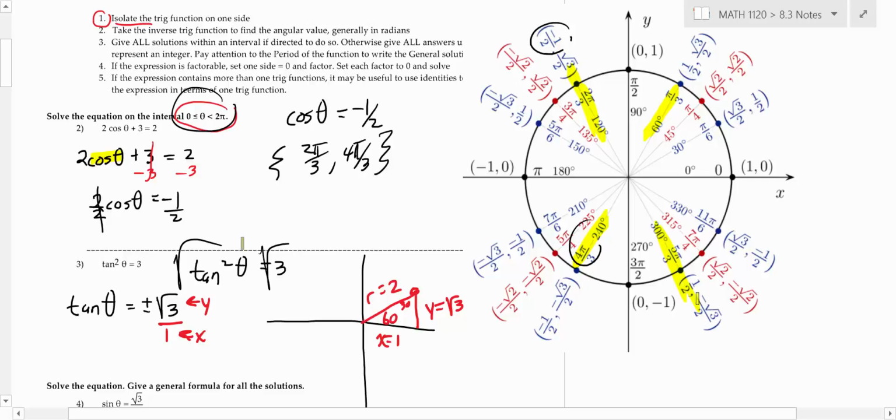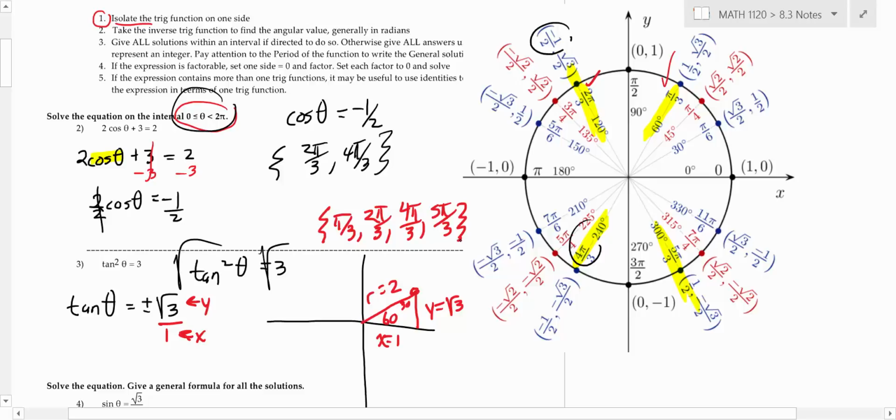And the reason you have 4 answers is because when you did the square root of both sides, you had the plus or minus square root of 3. Okay? So that's the idea, is when you write your answers on this, you want this to be in radians. You would have pi over 3, 2 pi over 3, 4 pi over 3, and 5 pi over 3. You guys see what I'm doing on that, okay? The reason is the plus or minus, okay?